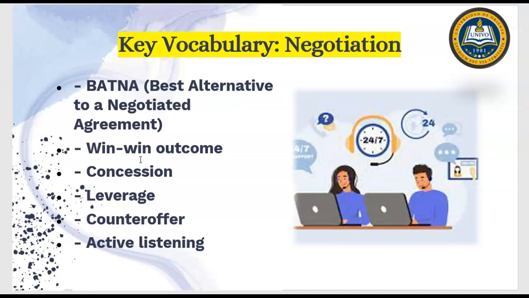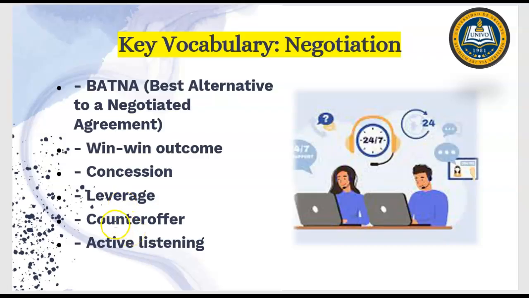That means the customer and the seller both win. That's the idea, that's the objective. And in order to get that, we need the concession. It means both parties, you and the customer, get the agreement. That's concession, to get the leverage, obviously.